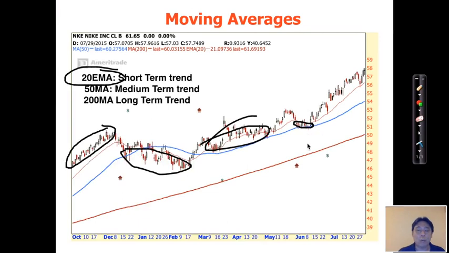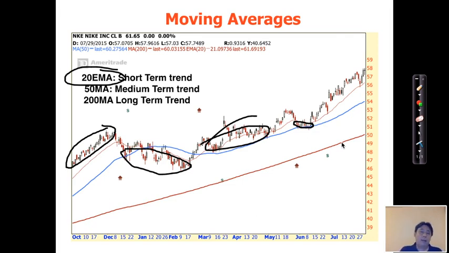And the price is also on a long-term uptrend because it's above the red line. So the price could be on a short-term downtrend, but medium-term uptrend and long-term uptrend. Or it could be on a short-term uptrend and medium-term downtrend and long-term downtrend. So you look at different trends: the long-term, the medium-term, and the short-term.